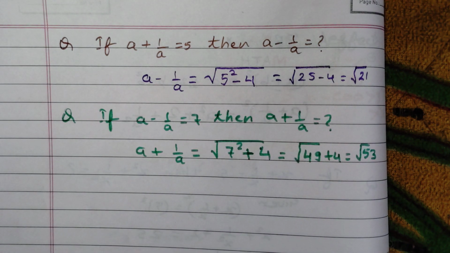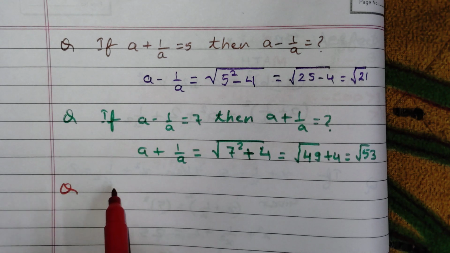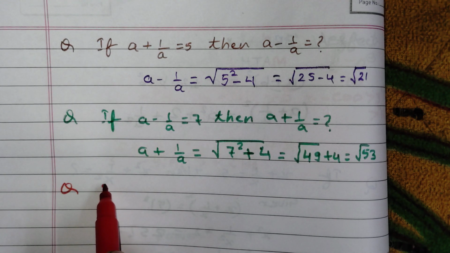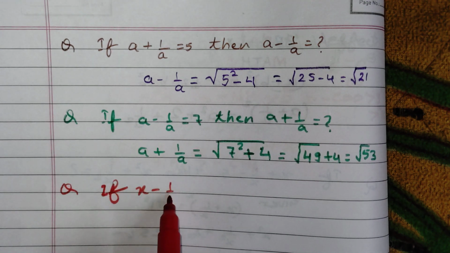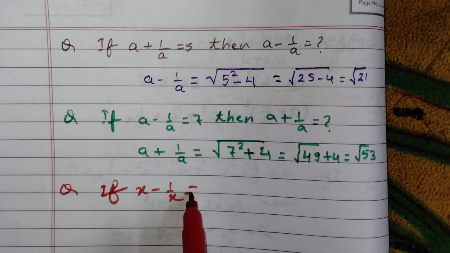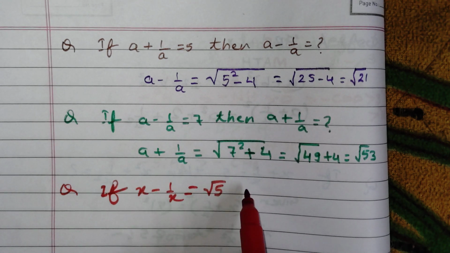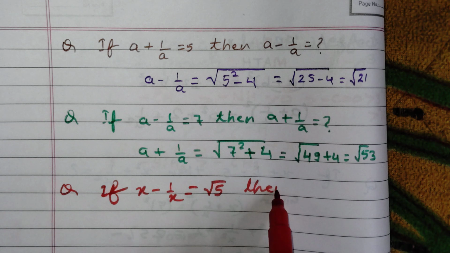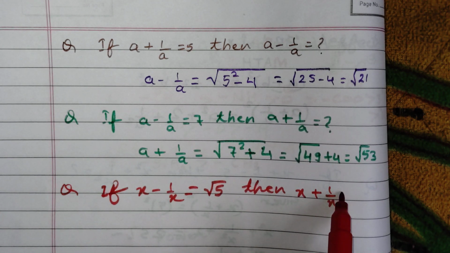Next is considering again, if x minus 1 upon x equal to square root 5, then find x plus 1 upon x.